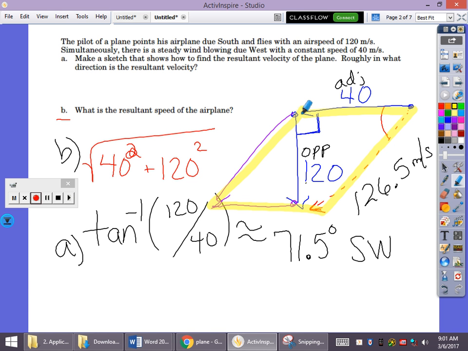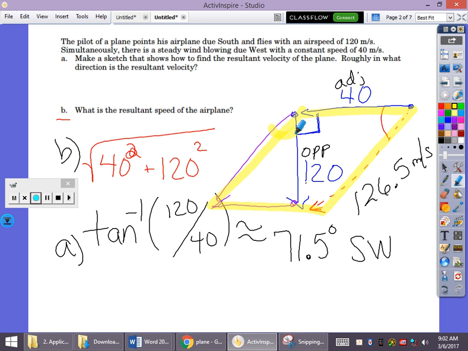Just remember that the resultant has to start at an original initial, and have a terminal at a final terminal. Okay, so do you guys see how I could have drawn this one or this one and still gotten all the same answer? Because I would have looked for this angle up here, and this line is still pointing southwest, yes?